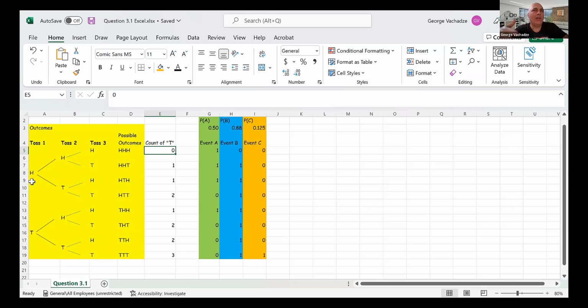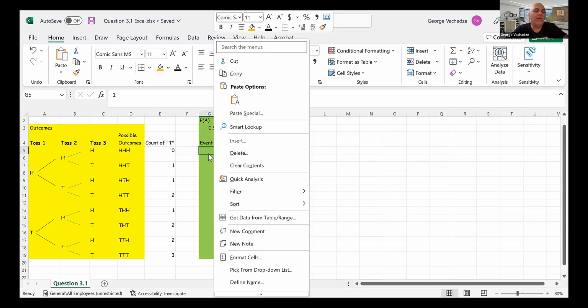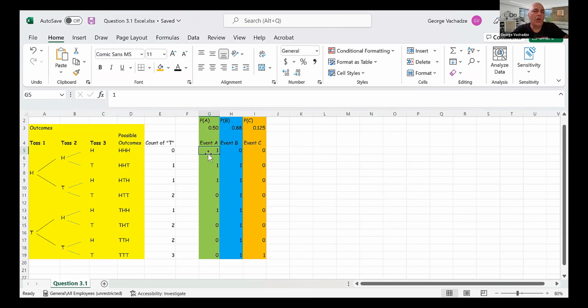First of all, we need to understand what at most means. At most means no more than 1 time. So T can occur either 0 times or 1 time. So the first outcome supports event A, and that's why I put 1 here. It indicates that if HHH occurs, then event A occurs as well.